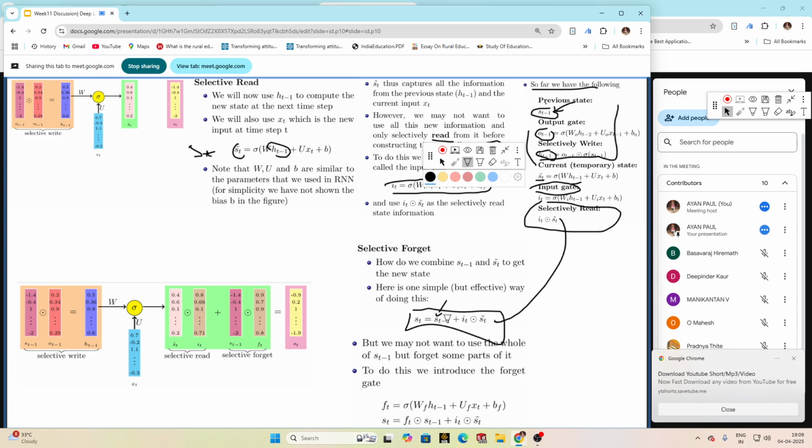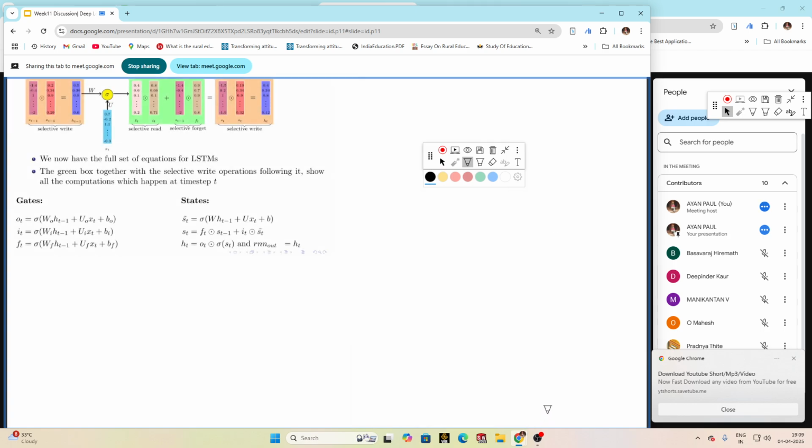We can do this with the next gate, known as the forget gate, by multiplying f_t with s_{t-1}, and we get the final state s_t. So to sum up what we have done, we have used three different gates and three different states. First we have used the output gate.